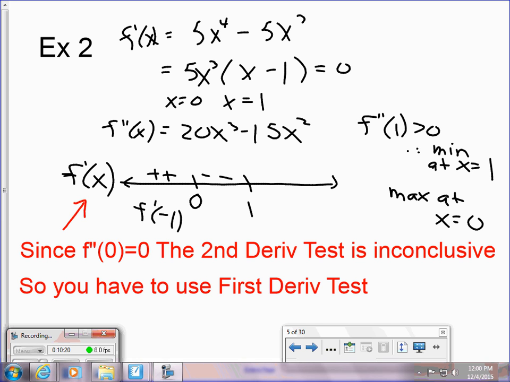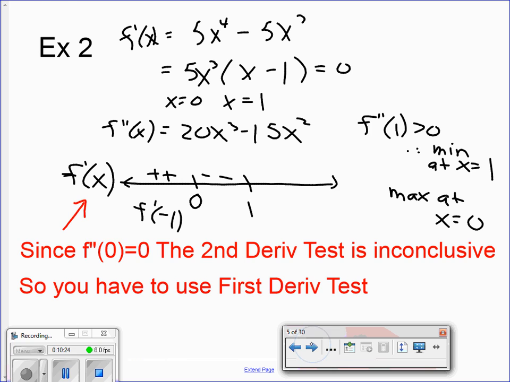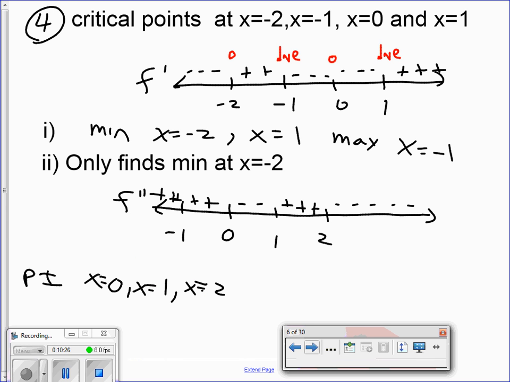And then the fourth one, which I know is confusing for some people, the way it was worded, you really wanted to just make a sign chart for the first derivative. They gave you all this information about the first derivative. They told you where it was positive, where it was negative, where it was equal to 0, that was at -2 and 0, and where it didn't exist.